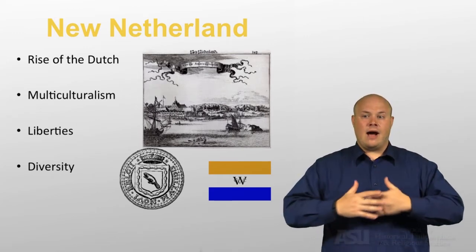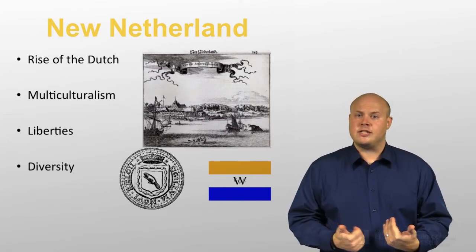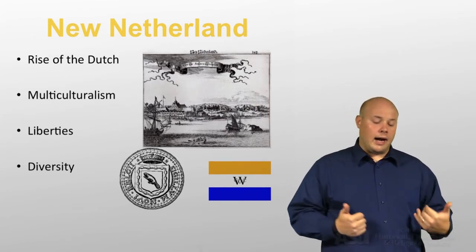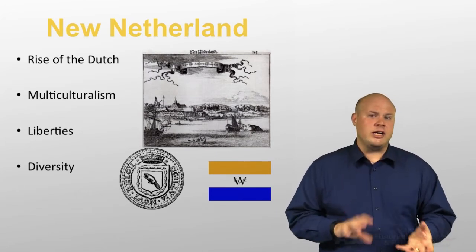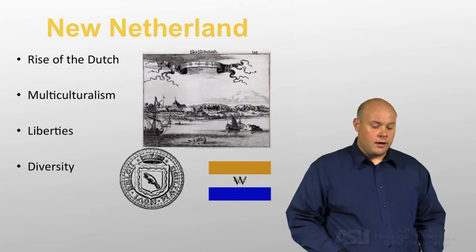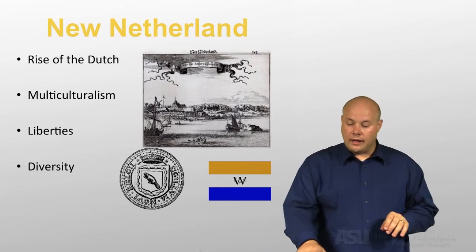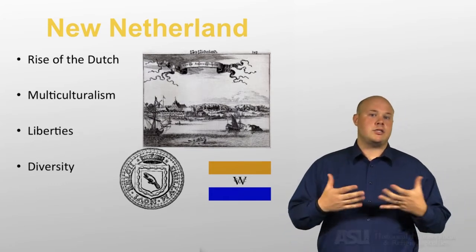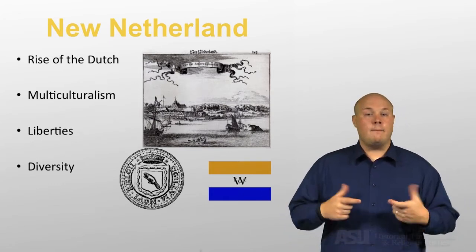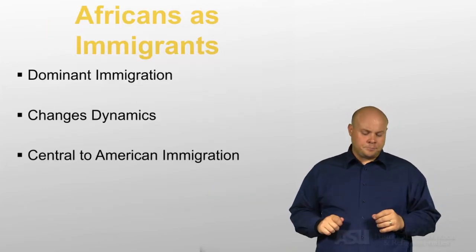African slaves have what they call half freedom. This isn't chattel slavery, for example. Chattel meaning property. That type of slavery existed in New Netherland, but there was also this different type of liberty that was allowed. And again, the diversity of New Netherland kind of points us to the complexity of American society writ large, as opposed to just kind of English society.